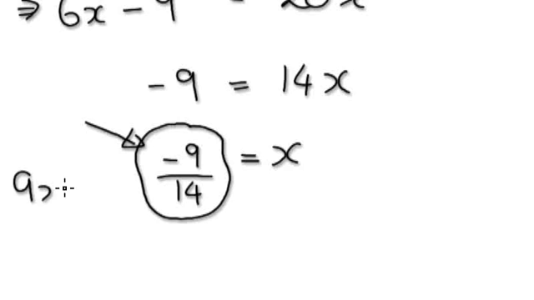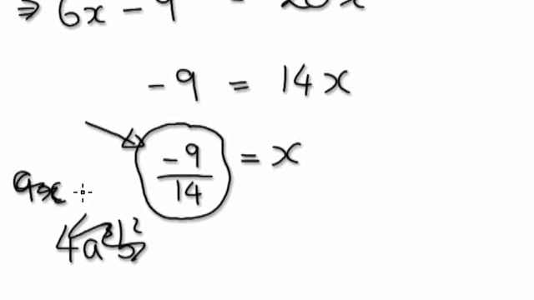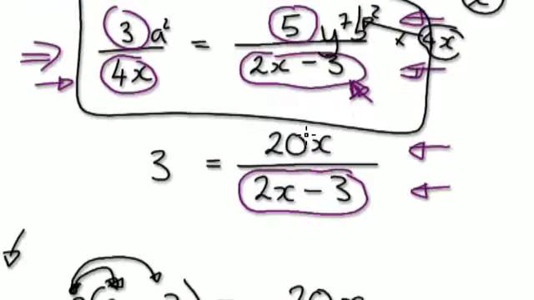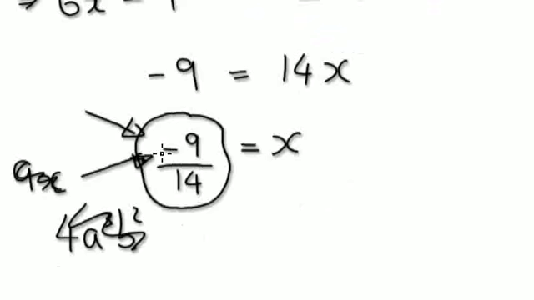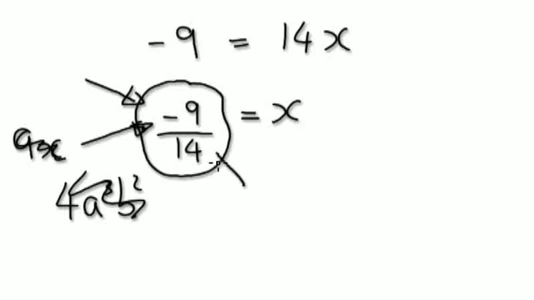There's none of these 4a to the power 3b squared. It's just a pure number, minus 9 over 14. So when you get something like this with just numbers, your answer will be a number, a pure number with no letters or variables.